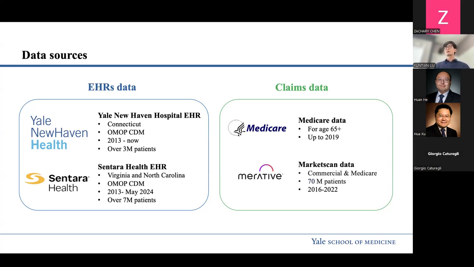As for the claims data, we have the Medicare data up to 2019, and we are getting access to the MarketScan data, which would help us get more robust and reliable estimates for those expenditure results. The way to link these data is using diagnosis codes. In EHR data, for each visit, we have the primary diagnosis code, and for claims data, we also have that.